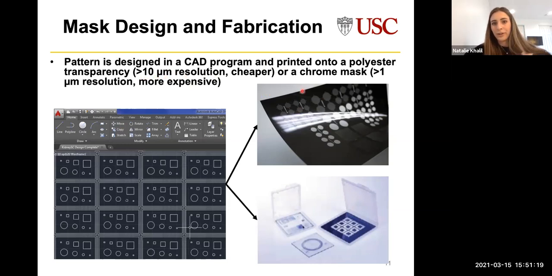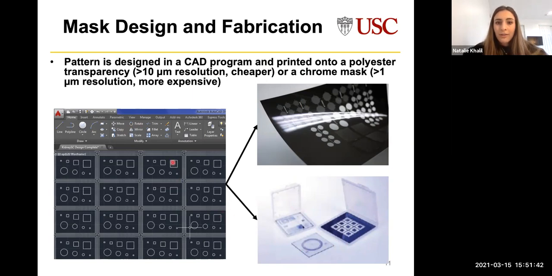And this is a flimsy and also cheaper alternative. Or you can also use a chrome mask in which chrome is directly printed onto a piece of glass, which is pictured below here, using a technique called electron beam lithography. This is a lot higher resolution, so if you have features that are 1 micron or larger, but more expensive.